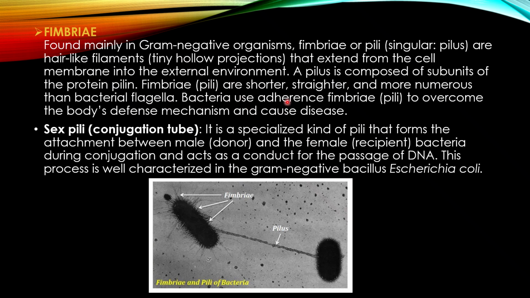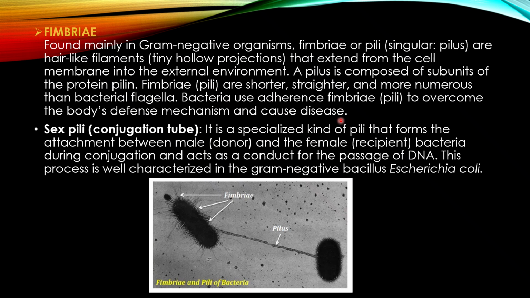The fimbriae are shorter, straighter, and more numerous than bacterial flagella. Flagella are much bigger when compared to fimbriae. Mainly, as I told, they are used in adherence to overcome the body's defense mechanism and cause disease. So they mainly help in anchorage and adherence.